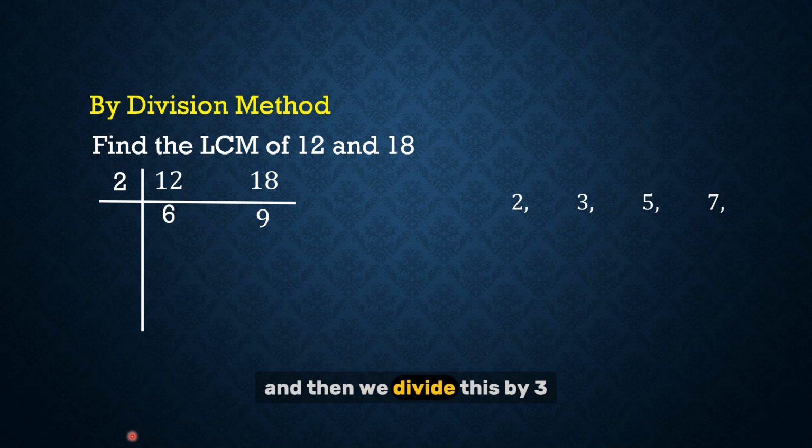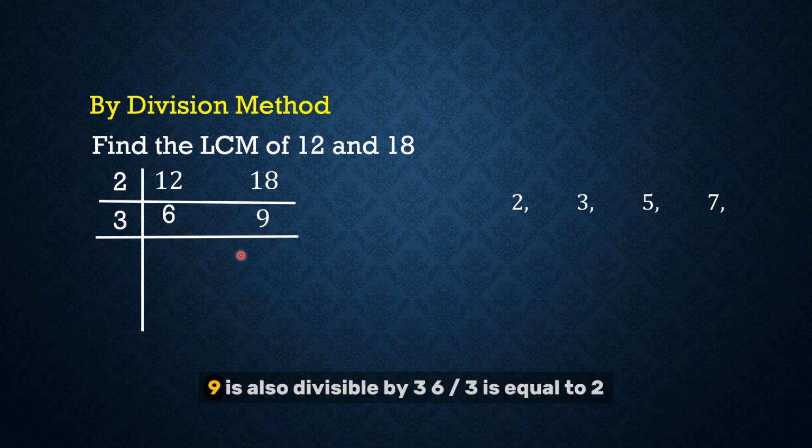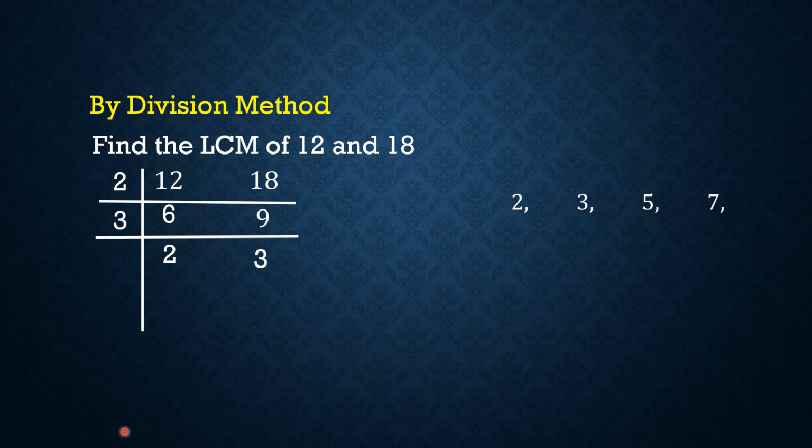And then we divide this by 3 because 6 is divisible by 3. 9 is also divisible by 3. 6 divided by 3 is equal to 2. 9 divided by 3 is equal to 3. We can divide either by 2 or 3.